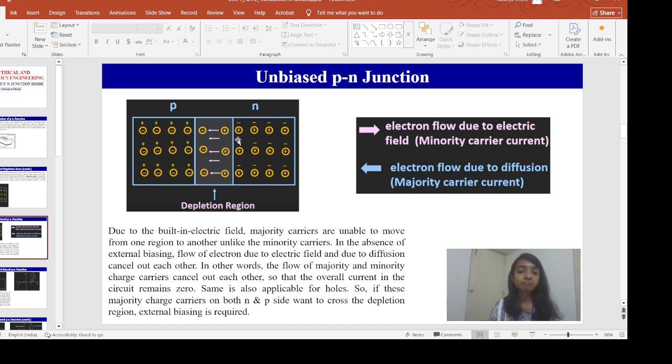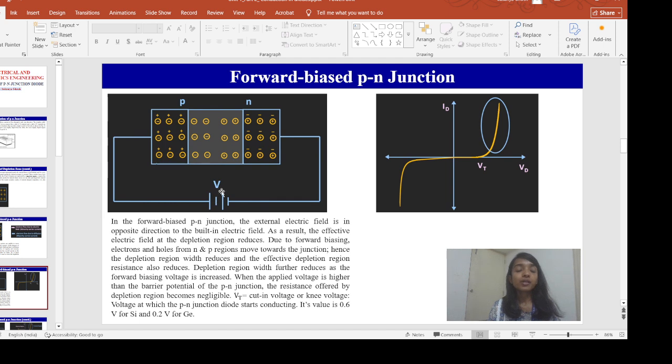Now let's see. We are applying an external battery voltage, and that means we are forward biasing the PN junction. Why are we calling it forward biasing? Because the P side is connected to the positive terminal of the battery and the N side is connected to the negative terminal.